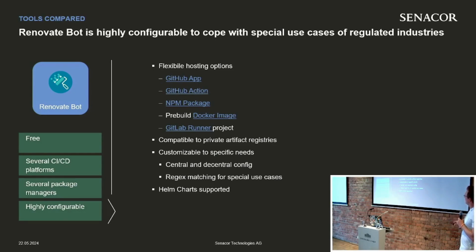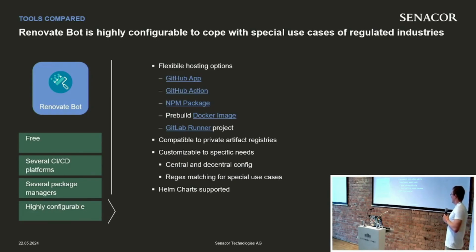So you can use the GitHub app, the GitHub Action, NPM package, a pre-built Docker image, what we opted in for, or even if you're running on GitLab, there's a GitLab runner project. In banks and highly regulated industries, normally you have a private registry, right? So you need to somehow cope with that. Look for newer versions in that and not in public ones. We also have specific needs.